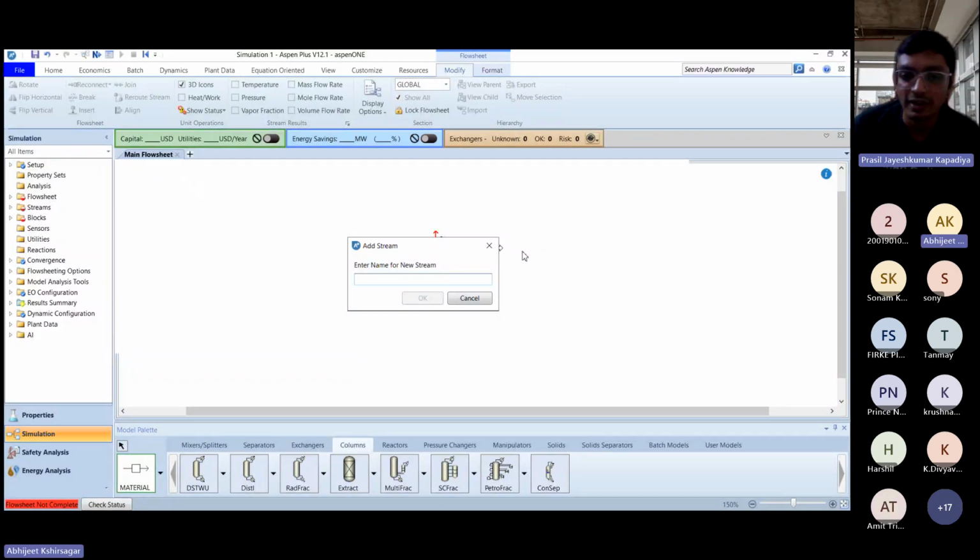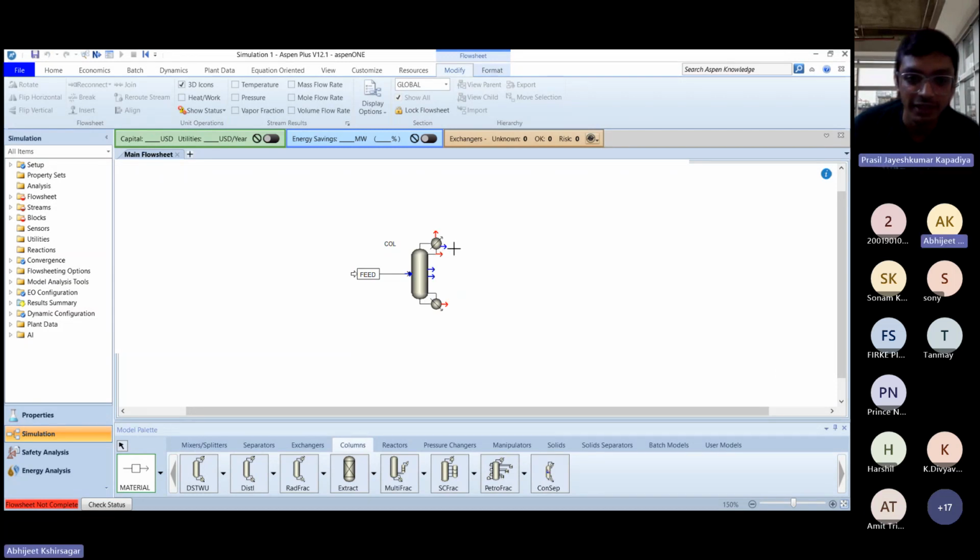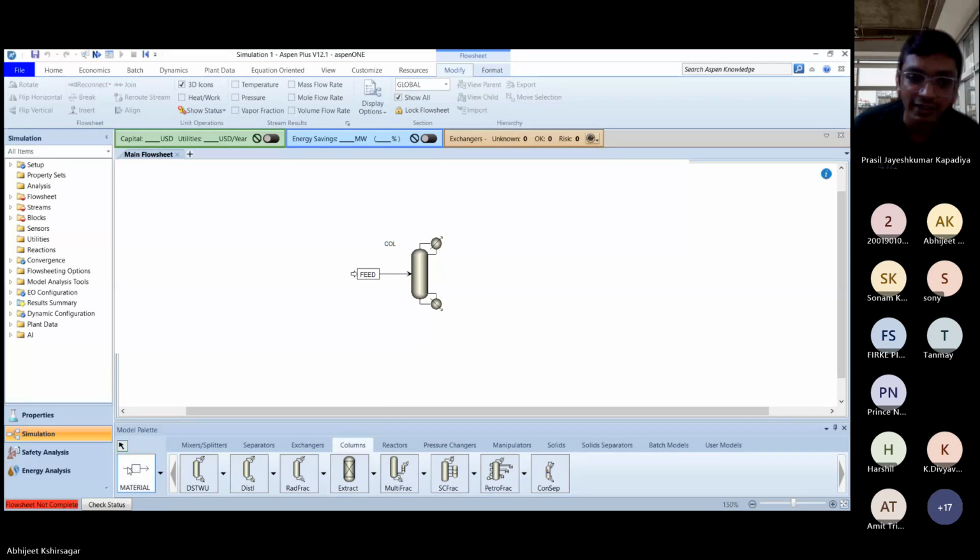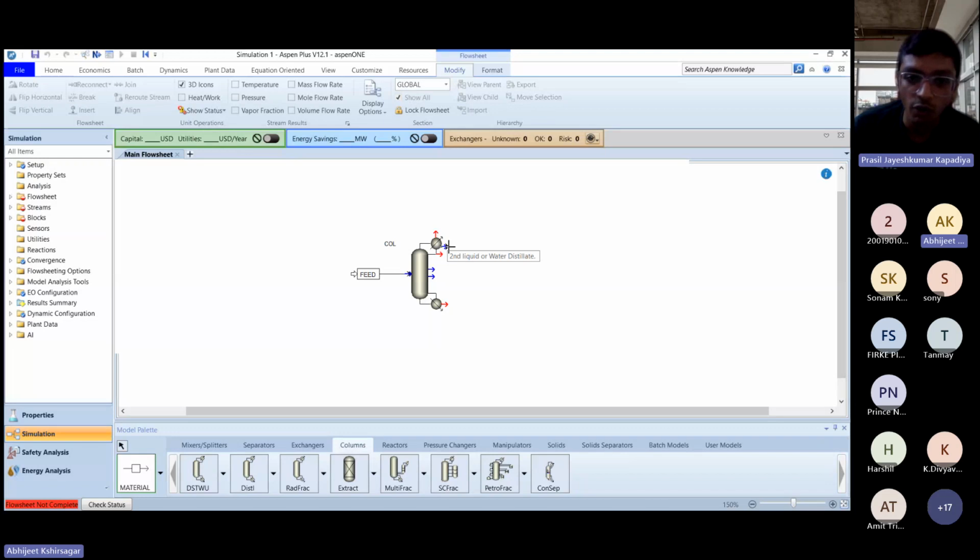Be careful here. Just delete that stream first. Read what is written there. Liquid distillate, and on top vapor distillate. So we are using a total condenser, so we will be following the liquid product.